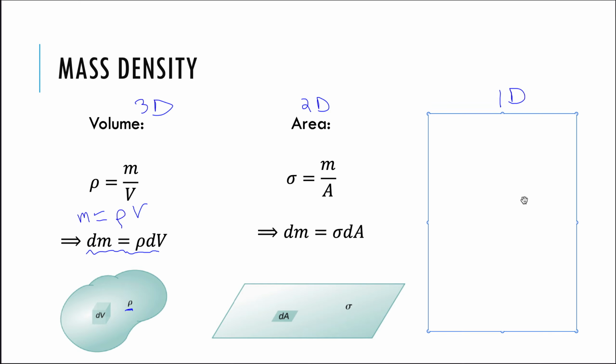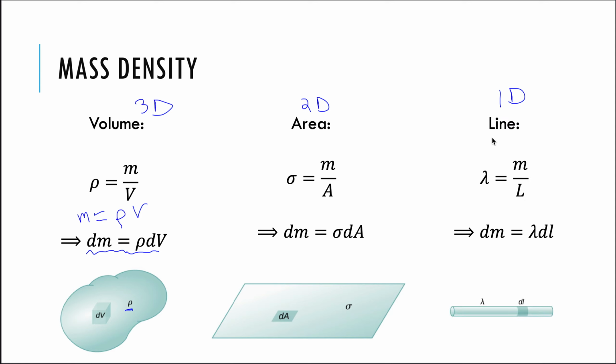Then it's along a line. Then we have to use the linear density, lambda, which is mass per length. And then the little mass element dm is going to be equal to lambda dl. And we used this when we did a center of mass example, and I just explained it within the example. I didn't have a separate slide for it.